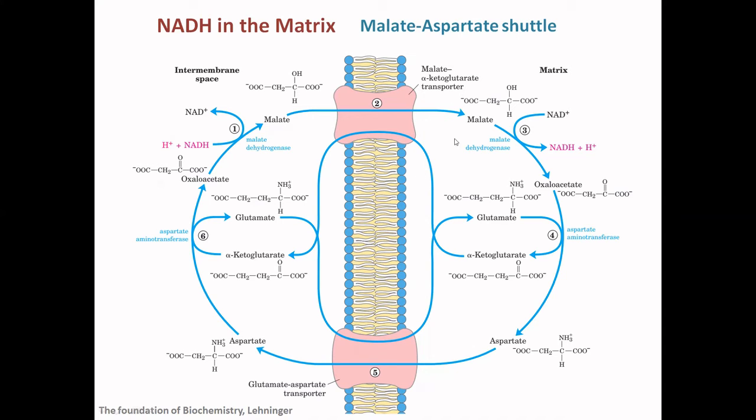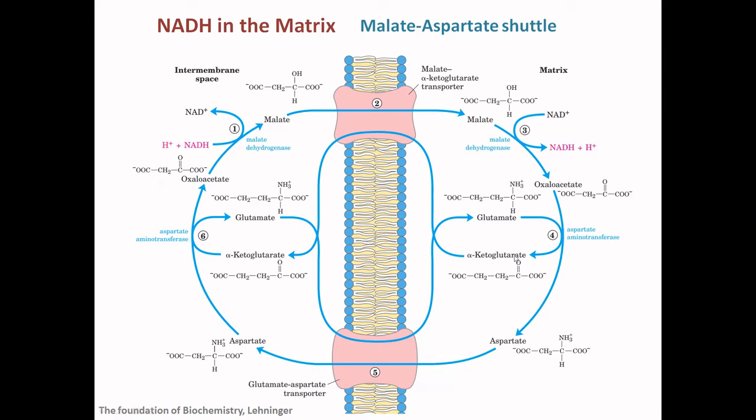And in the matrix, this malate releases the NADH and gets converted to oxaloacetate. And this oxaloacetate uses one glutamate and converts the glutamate into alpha ketoglutarate that will be exported out, and oxaloacetate is converted to aspartate, and that goes out by another antiport mechanism of taking one glutamate in.